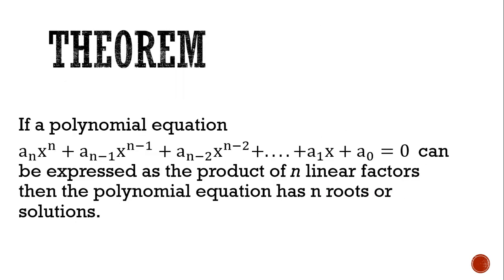We have a theorem regarding polynomial equations, and that is, if a polynomial equation a sub n multiplied by x raised to n plus a sub n minus 1 multiplied by x raised to n minus 1 plus a sub n minus 2 multiplied by x raised to n minus 2 plus, until a sub 1 multiplied by x plus a sub 0 is equal to 0 can be expressed as the product of n linear factors, then the polynomial equation has n roots or solutions.